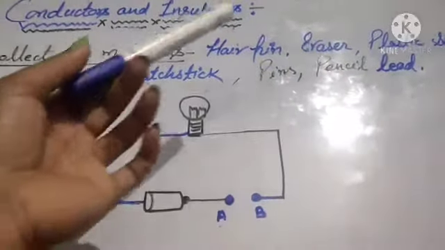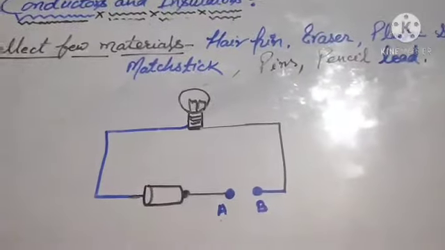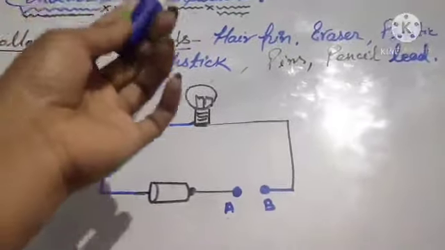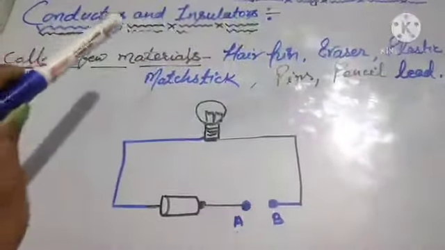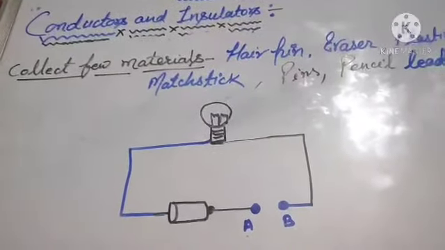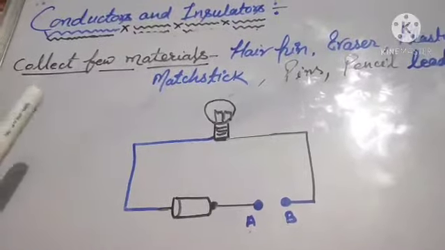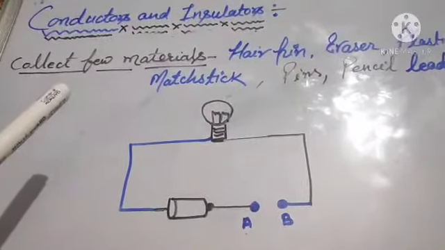So conductors and insulators are both important in daily life, and we need both of them. For safety purposes we use insulators, and mostly all wires are covered with a plastic layer. You have also seen switches and plugs, all made up of insulators, right?